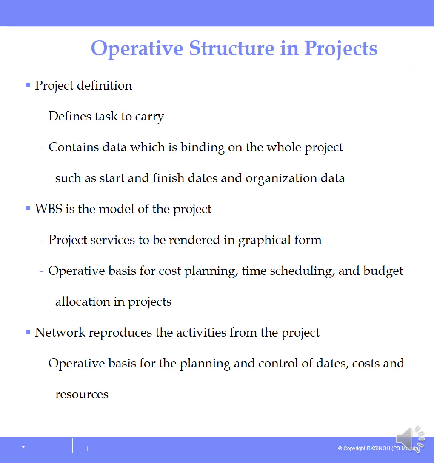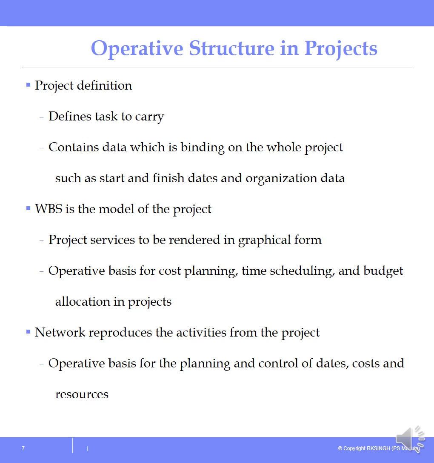The operating structure in a project: the project definition is a defined task containing data which binds the whole project, such as start and finish dates, and organizational data such as company code, plant, profit center, and the person responsible for that particular project.